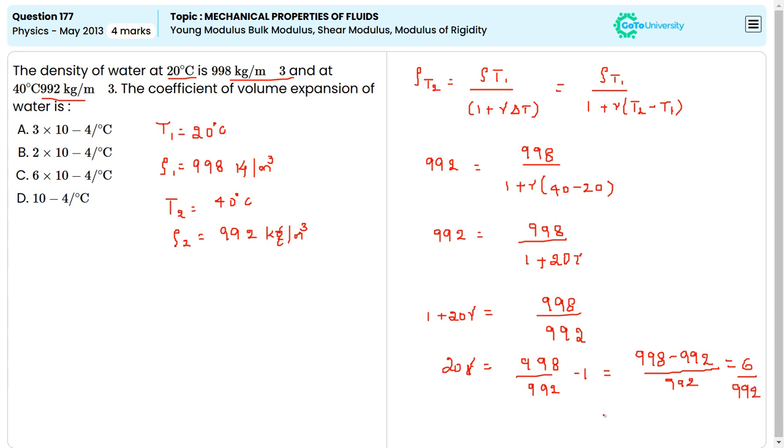Then the answer is gamma is equal to 6 divided by 992 into 20.